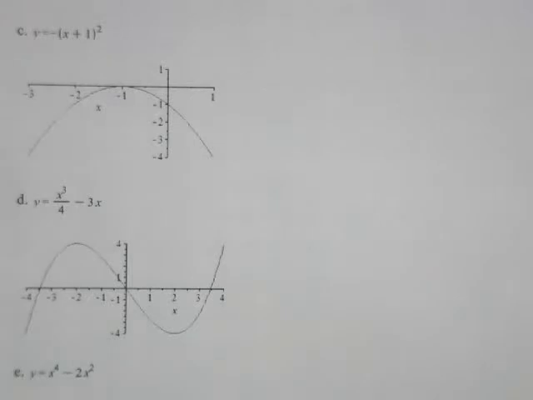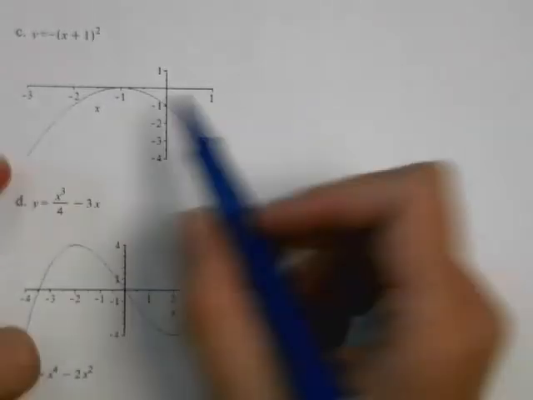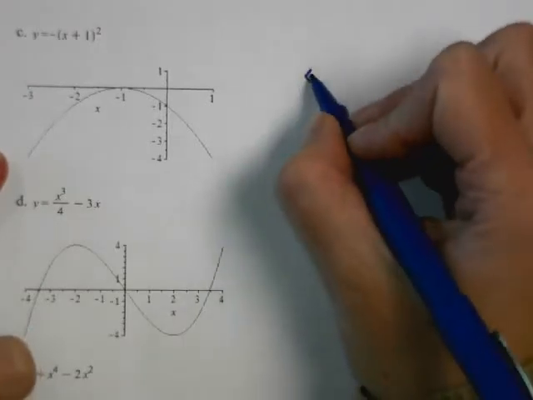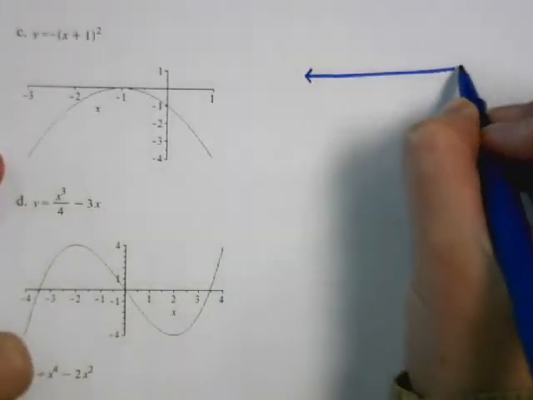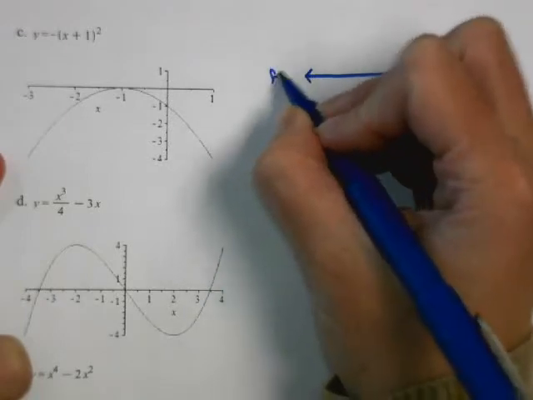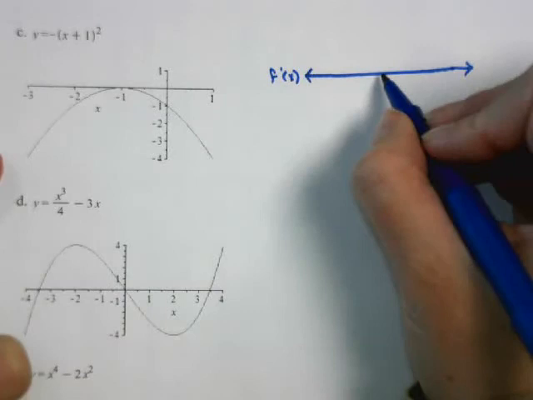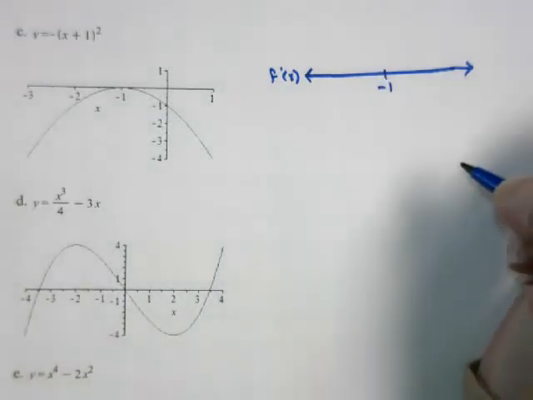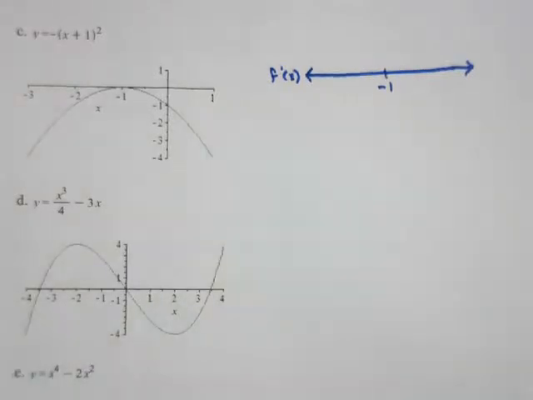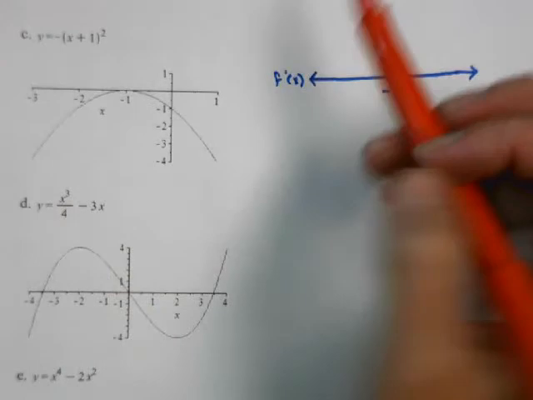Okay, so here's another one. We're going to take the information from the graph and put it on a number line. Label it f prime. And my only critical point, the only point I'm going to put on the number line, is -1. And our derivative there is 0. So label that 0.